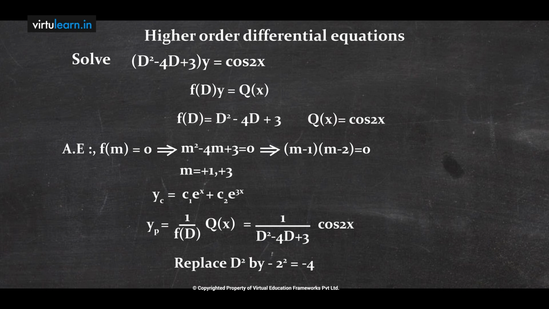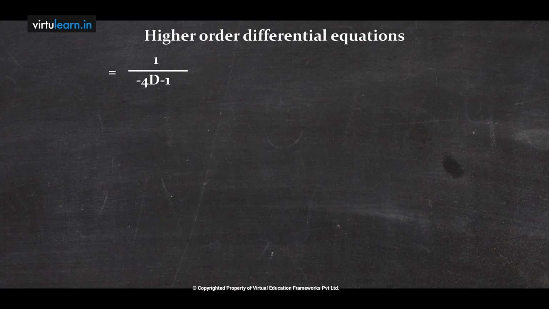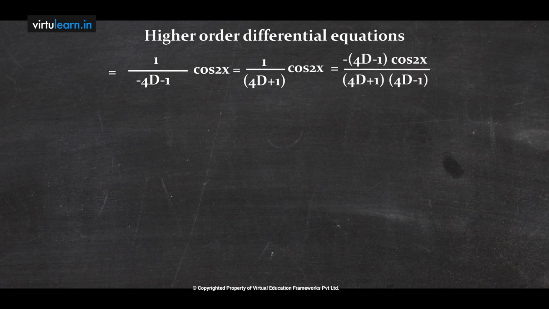Now substituting, 1 by minus 4 minus 4d plus 3 into cos 2x. After simplification I got 1 by minus 4d minus 1 into cos 2x, which is minus 1 by 4d plus 1 into cos 2x, taking minus common.